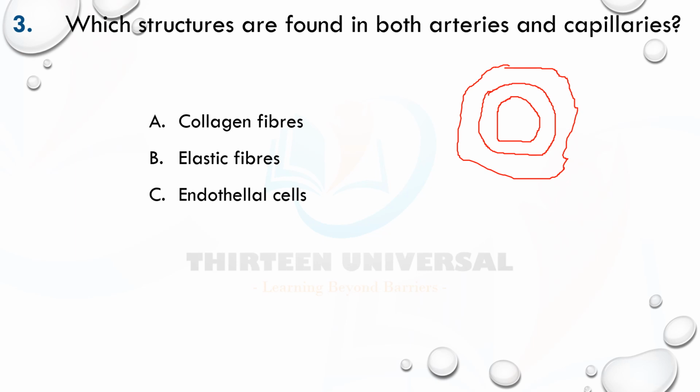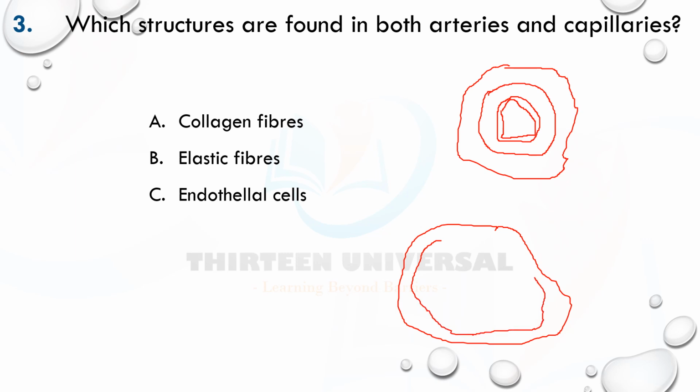You see that they each have 3 layers, artery and vein. Let me draw vein. Vein has a thin wall because it carries blood at lower pressure.